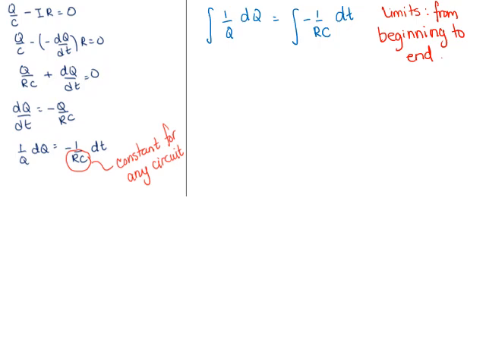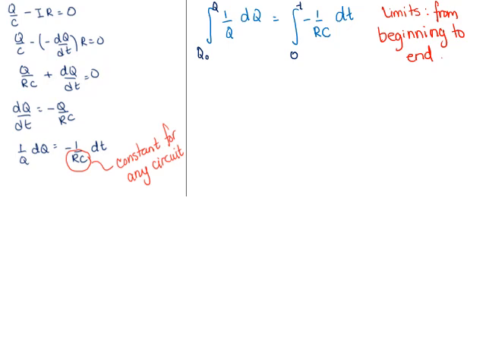At the beginning of the problem, the amount of charge on the capacitor plate is what we called Q0. And at the beginning, the time is what we call 0. So we start our stopwatch at the beginning. At the end, what we mean by the end is our general time t, for which we're trying to find how much charge is on our capacitor. At that point, we've got charge Q, and it's time t. So now let's solve this problem.